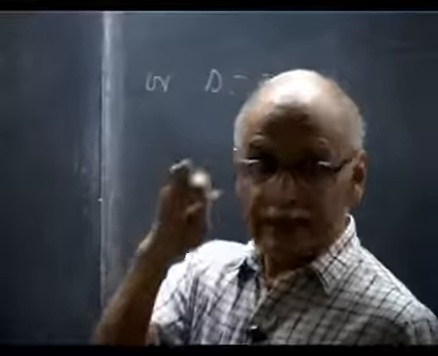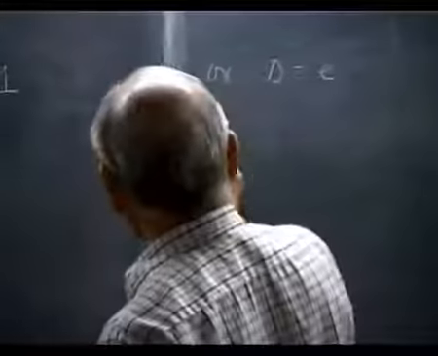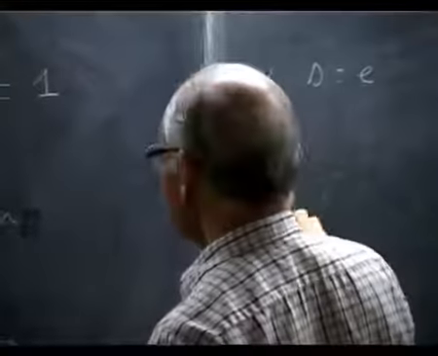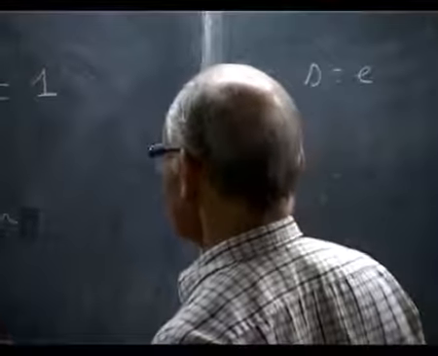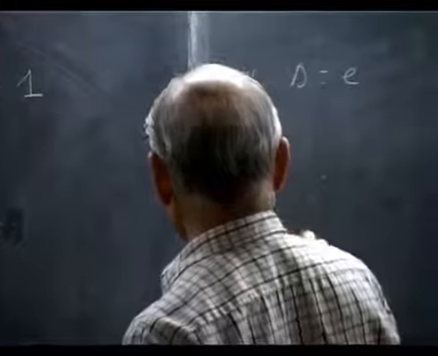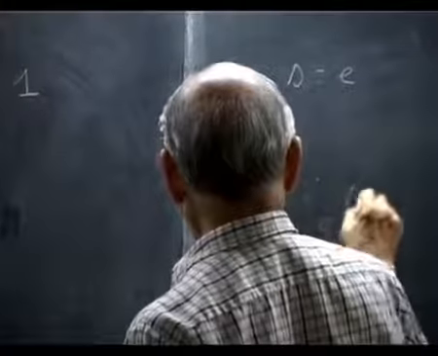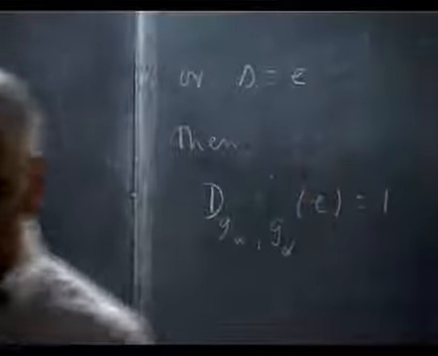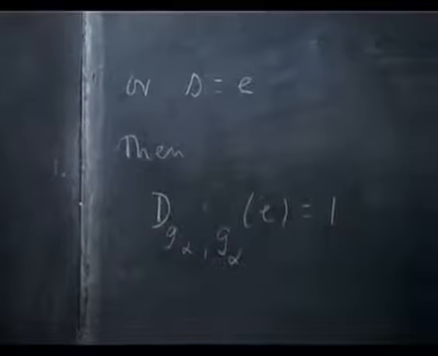So only then is d of G alpha, G alpha, of identity equal to 1. Otherwise it is 0.